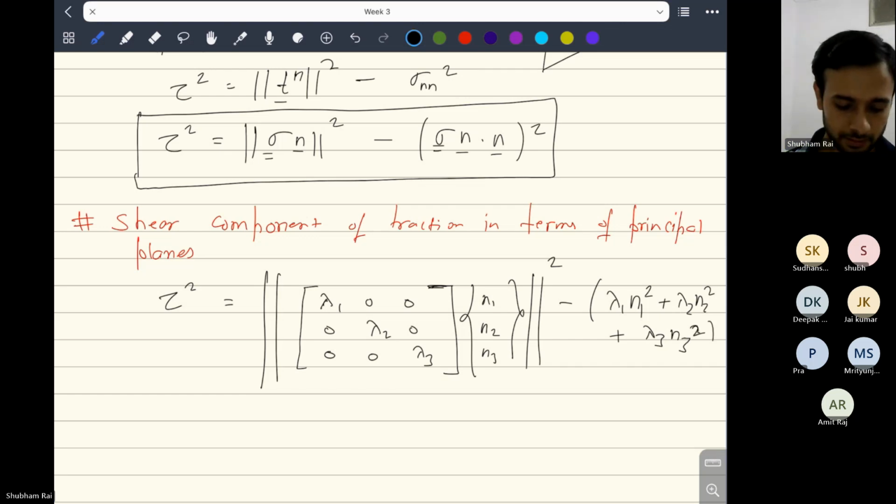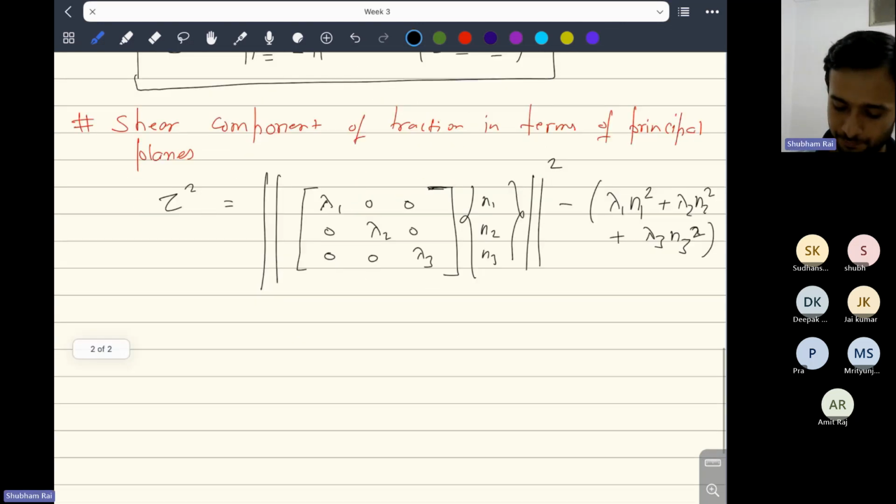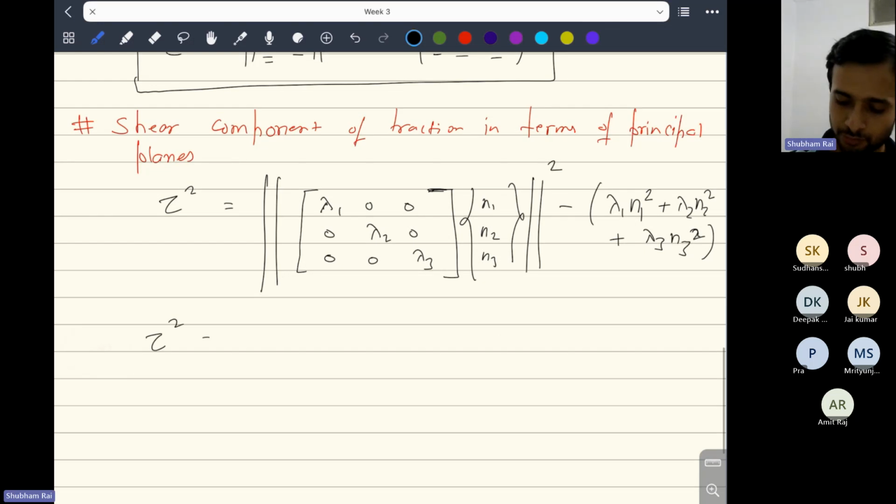Right? So finally, if you find this also, here also this vector will have the components lambda 1 n1, lambda 2 n2, lambda 3 n3. If you take the magnitude of that, it will be lambda 1 square n1 square plus lambda 2 square n2 square plus lambda 3 square n3 square, and the square root will get cancelled with this square.